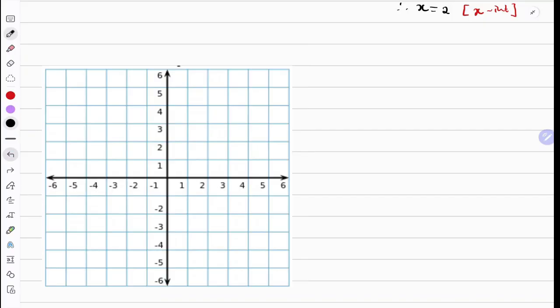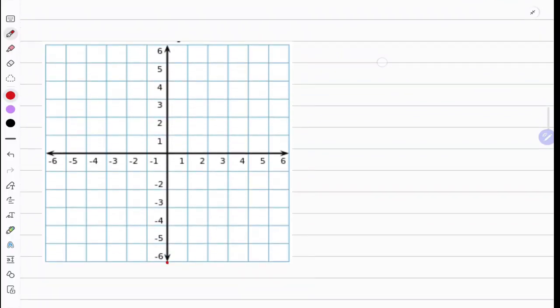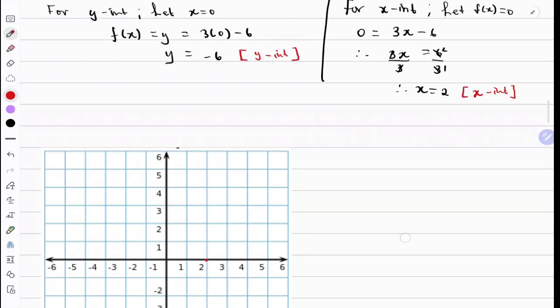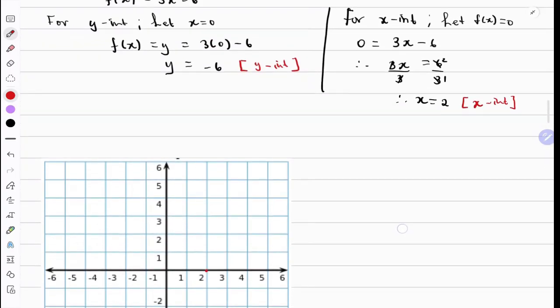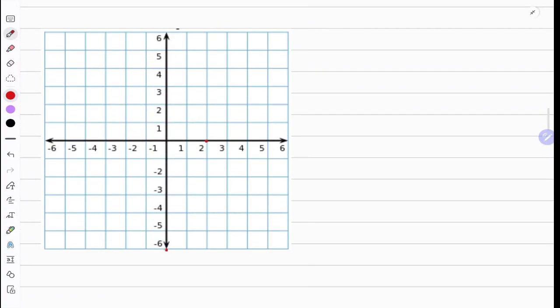Let me use red for my intercepts. So this is -6 here. And then our x-intercept is +2, which is this point here. So we can join those 2 points. Let me do this.